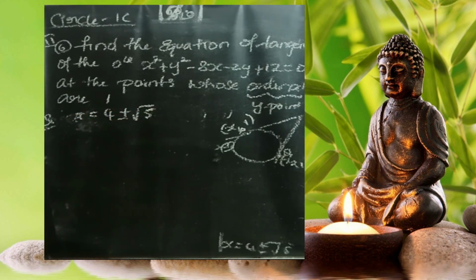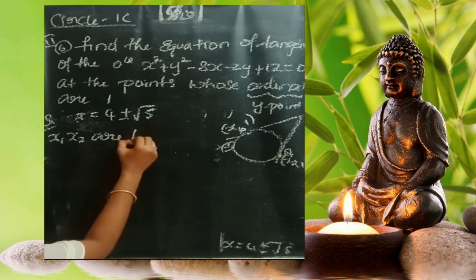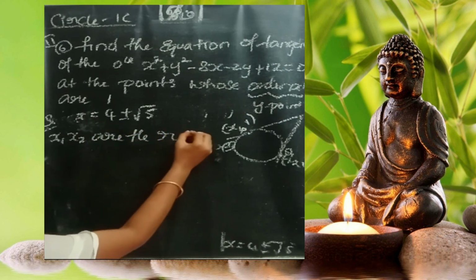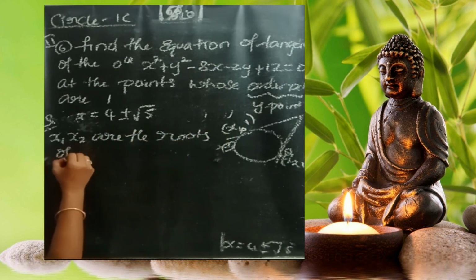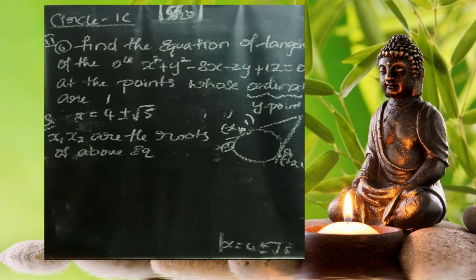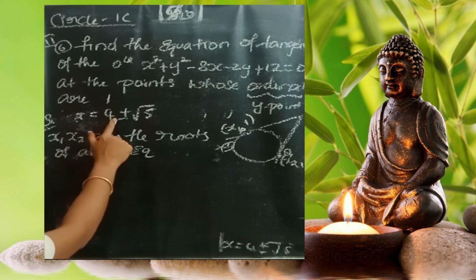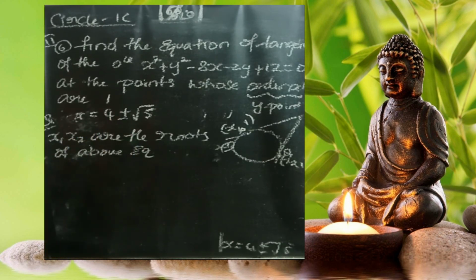The ordinate is the same. So x1 and x2 are the roots of the above equation, x1 square minus 8x1 plus 11 equals 0, and the roots are 4 plus or minus root 5.